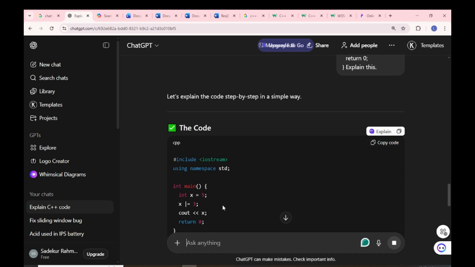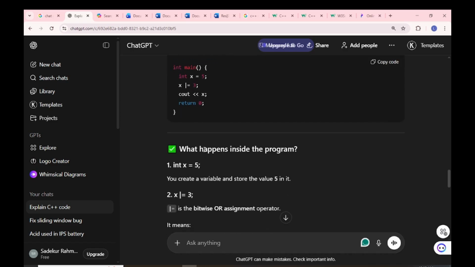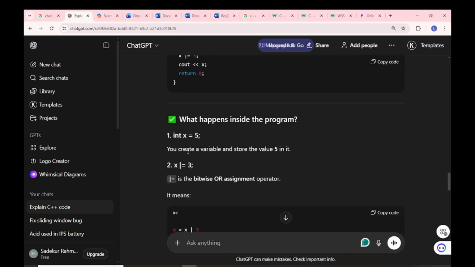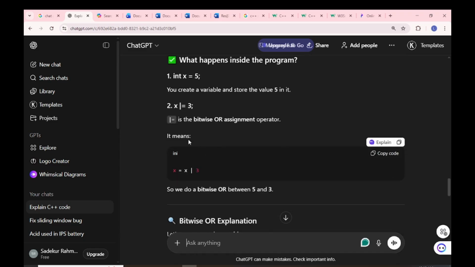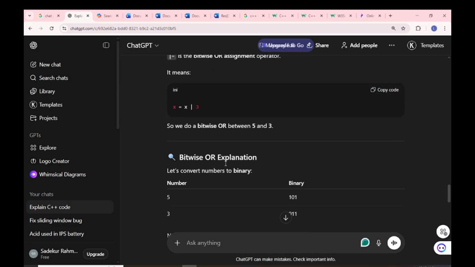Let's explain the code step by step in a simple way. So main, x equals 5. What is happening inside: you create a variable x and store the value 5 in it. So x or assignment operator, bitwise or. It means we do a bitwise or between 5 and 3.